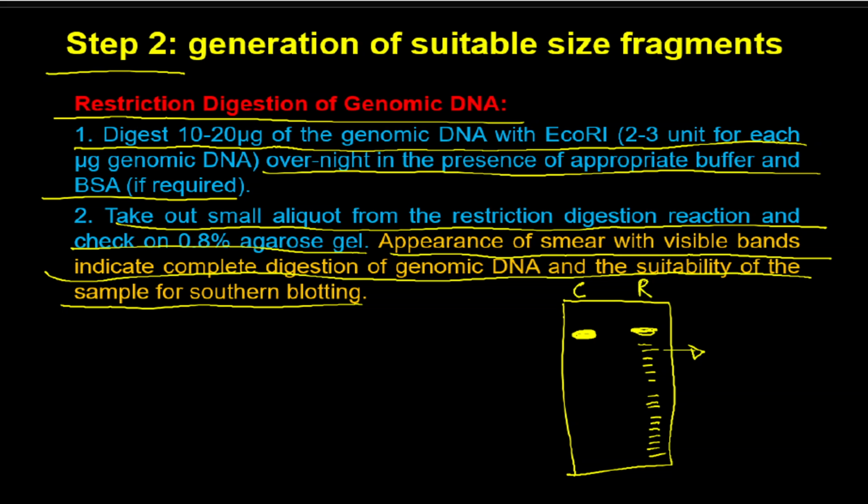Appearance of smear with visible bands indicates complete digestion of the genomic DNA and the suitability of the sample for Southern blotting. So it will be checked on gel, and then we can say whether it should be further proceeded for Southern or not.